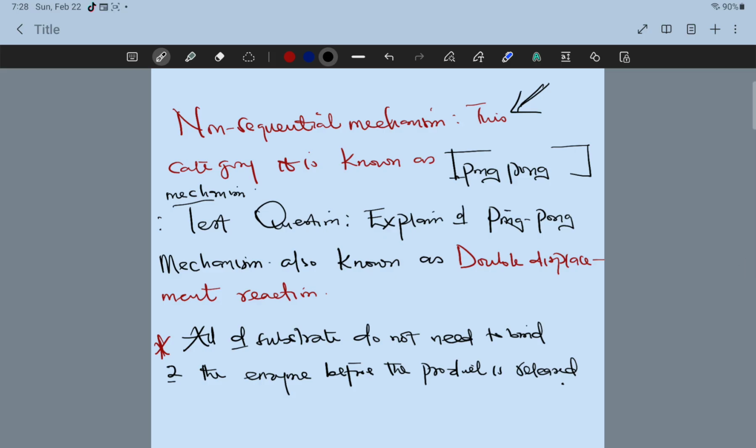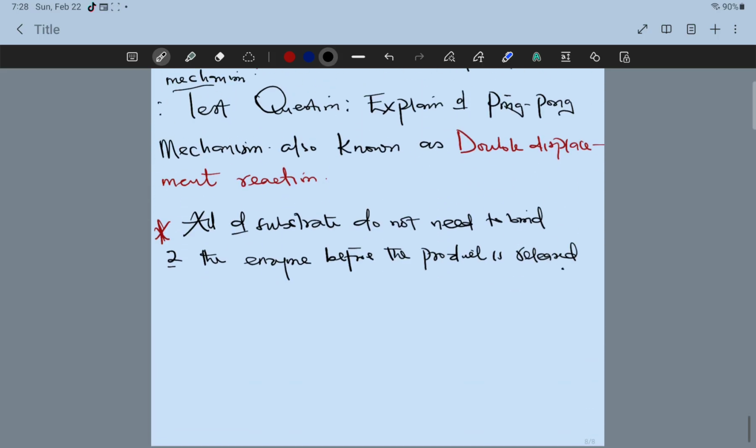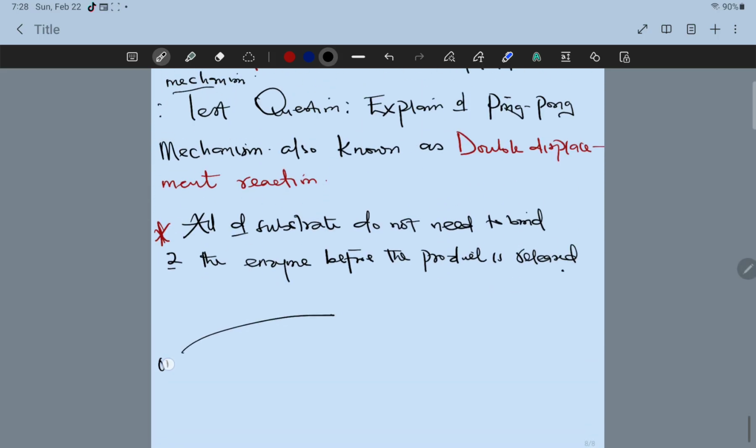So one substrate binds first to the enzyme, followed by the product being released. So here we are saying one substrate binds first, then there will be a product release.